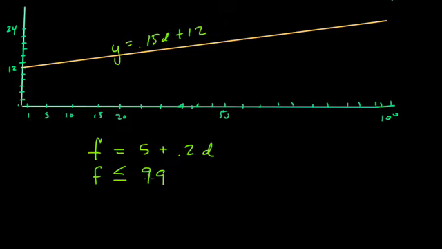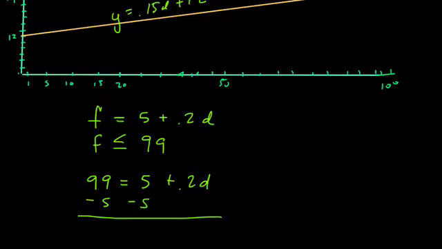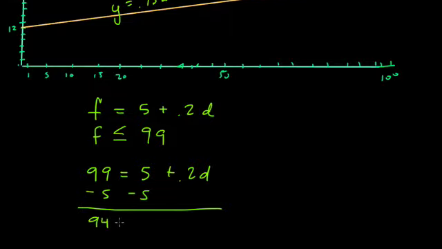What distances? Let's solve. Plug in 99 for F, and if we solve for D, that will be the maximum value we could use. Subtract 5 from both sides and we get 94 equals 0.2D. Divide by 0.2 on both sides.